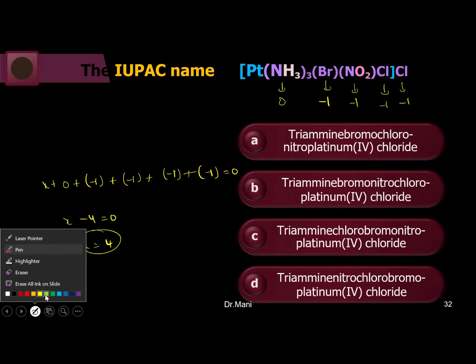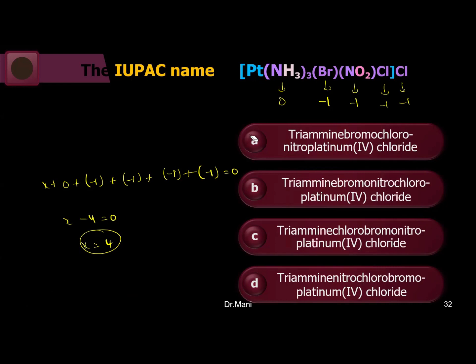Okay, fine. So now see how we give the naming. First, the prefix indicating the number of ligands, how many ligands are there. Three amine groups are there, so I'll be putting triammine. So tell me what is the alphabetical order for this? We have ammine, bromo, chloro, and nitro.